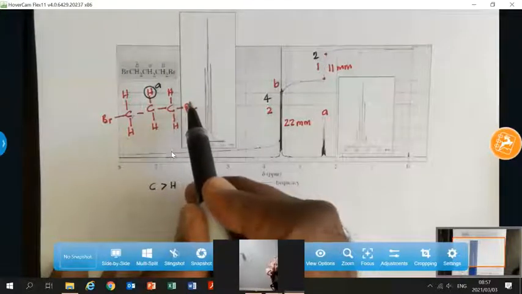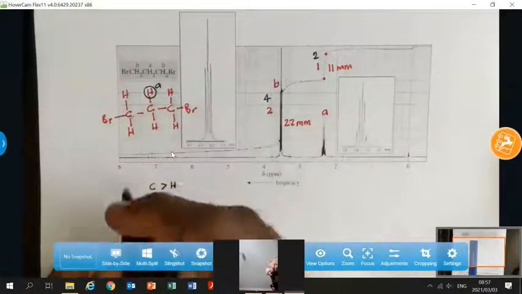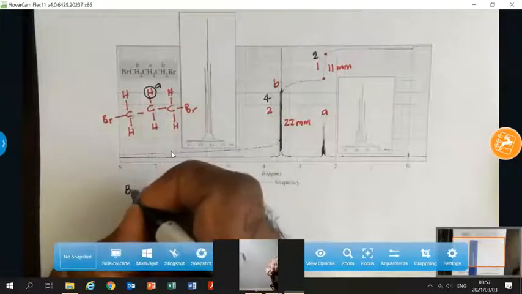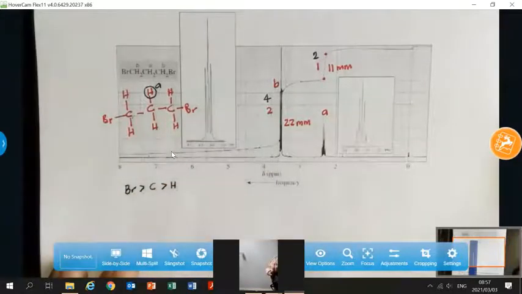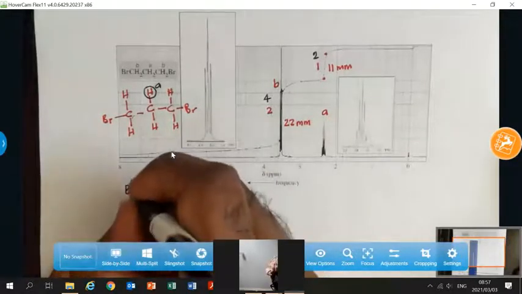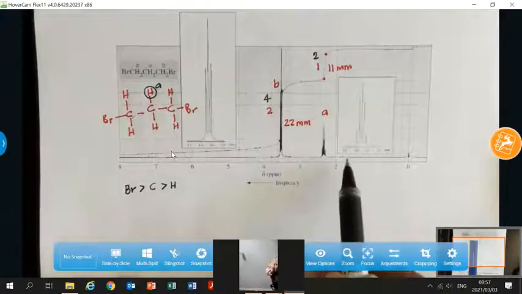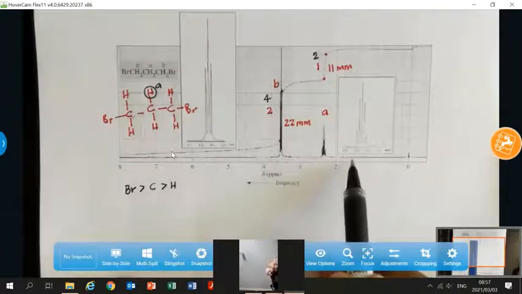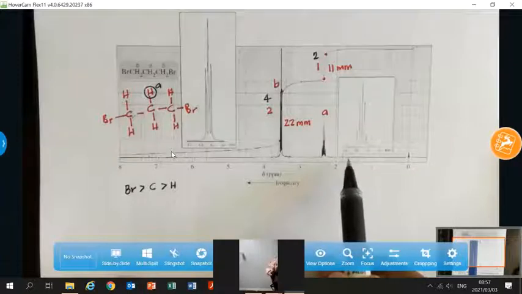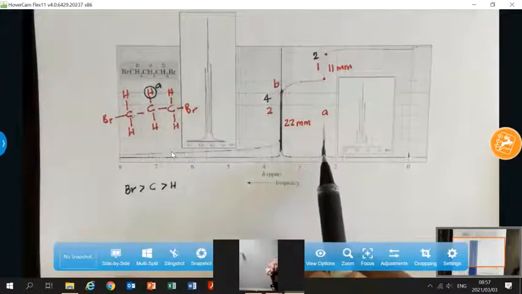So 3 bonds away, you've got this electronegative bromine atom, and your bromine is more electronegative than your carbon, right? So that's why this resonance that you saw at around 1 point something on Monday is now shifted to past 2.